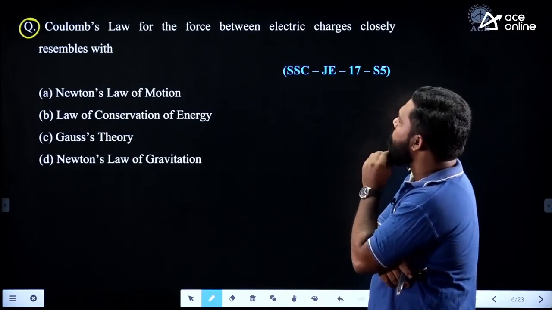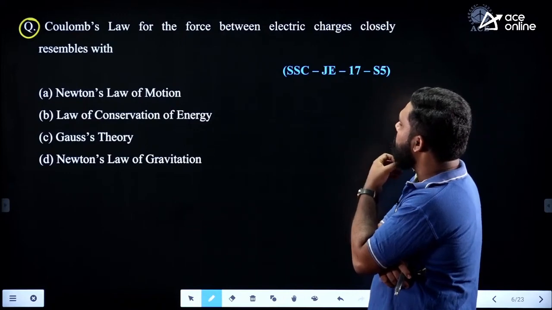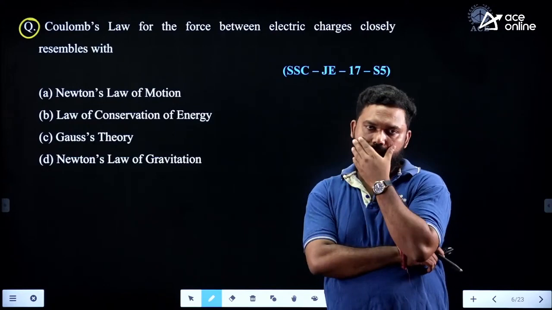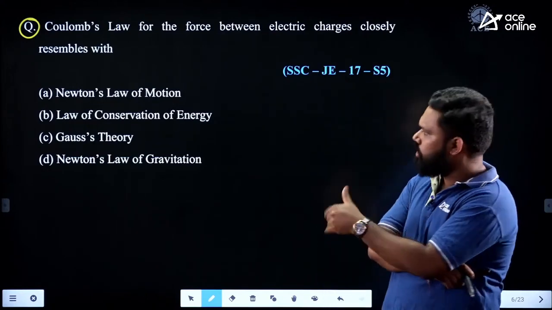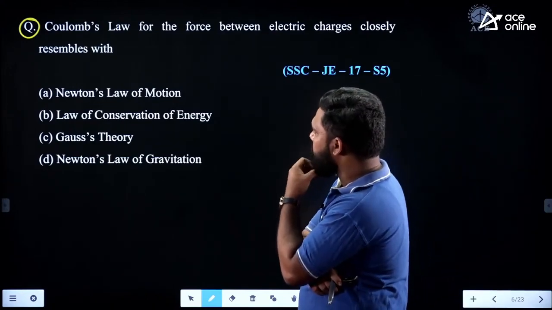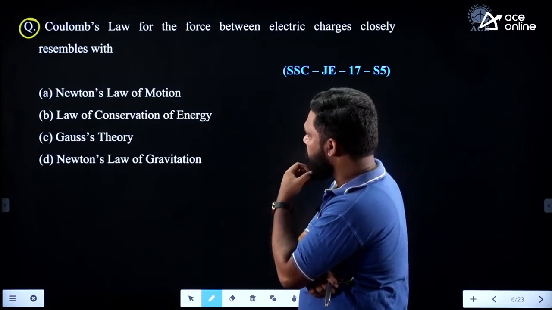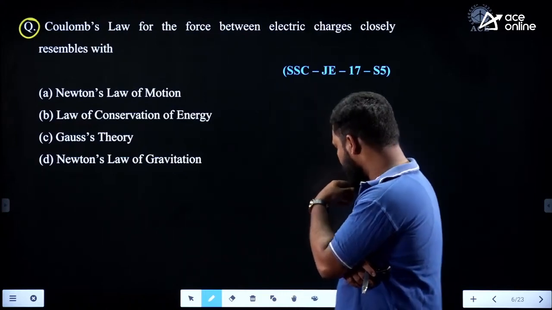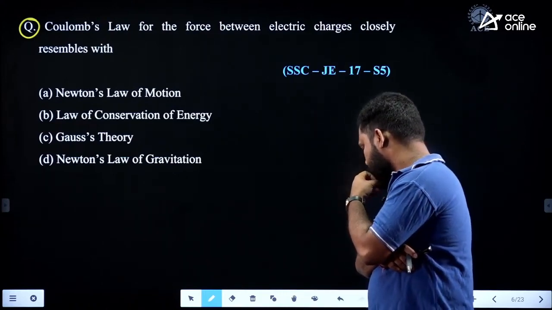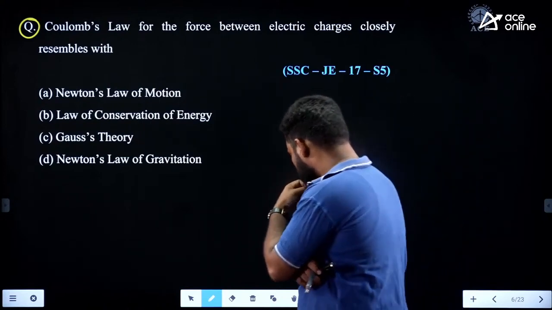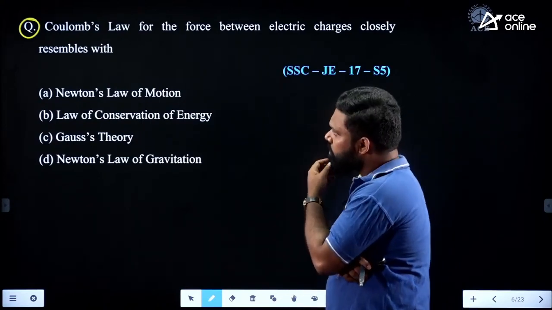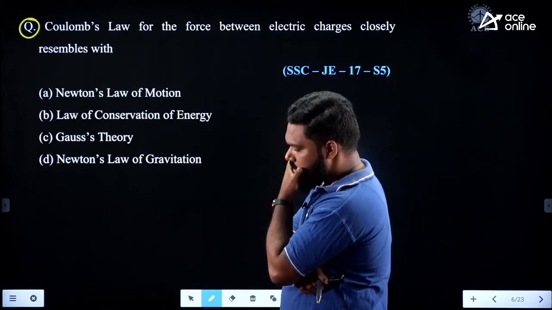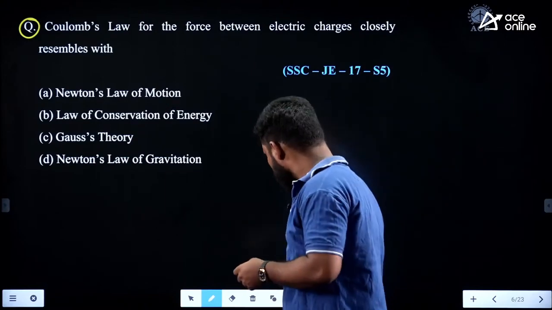Coulomb's law for the force between electric charges closely resembles, or is something similar to, what? He has given in the options: Newton's law of motion, law of conservation of energy, Gauss theory, Newton's law of gravitation. Newton's law of motion, says Anita.